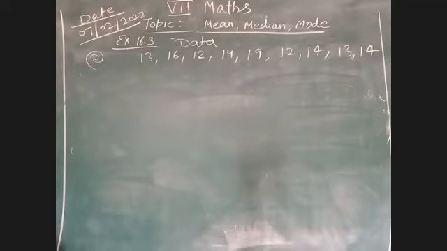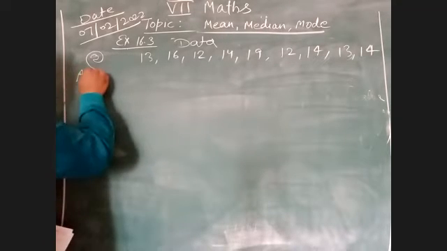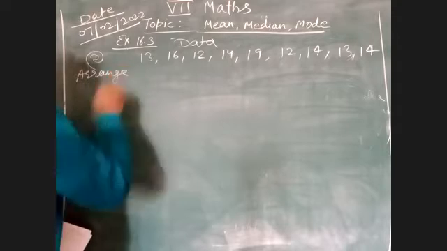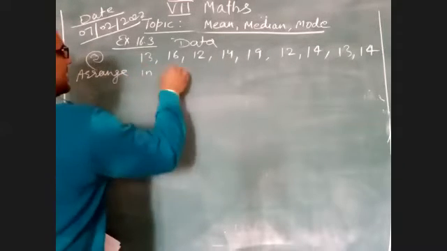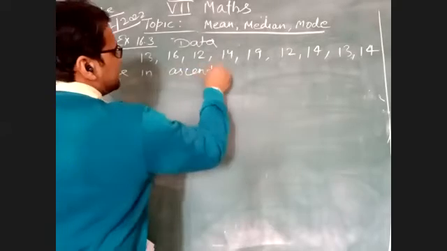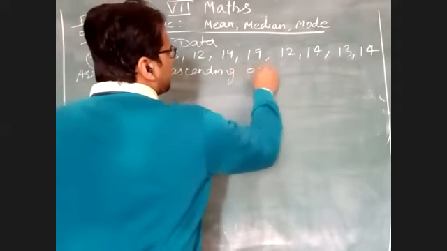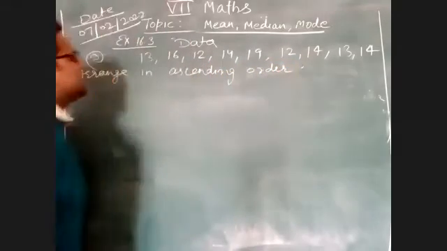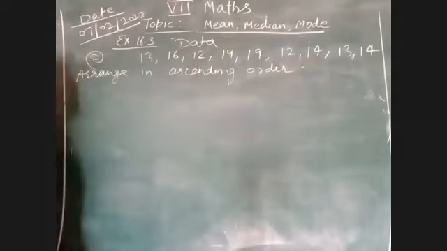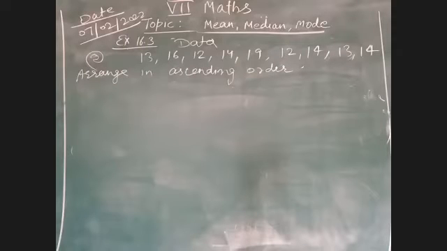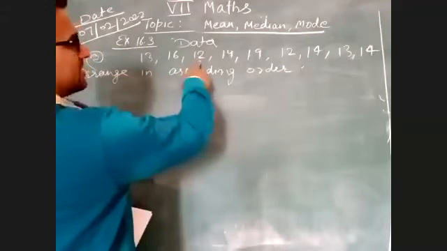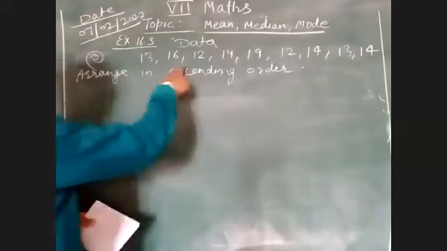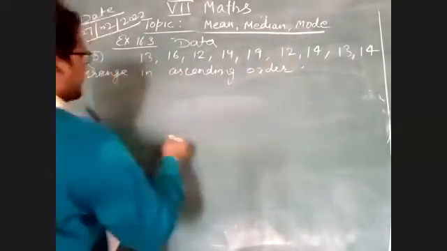First of all, you have to arrange this data in ascending order. You are observing here, the lowest value of this data is 12, and 12 is repeating 2 times.